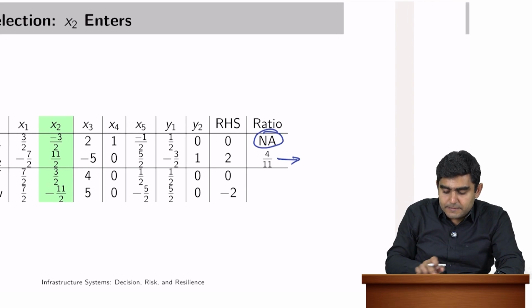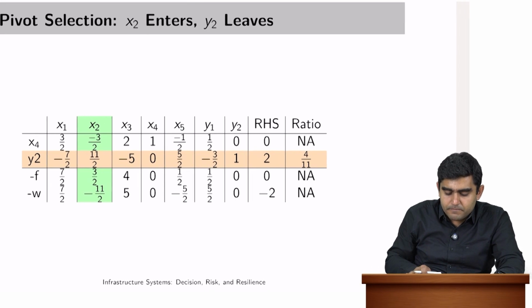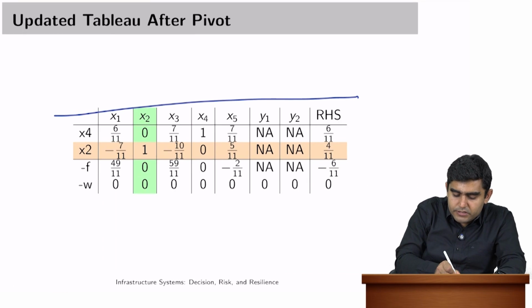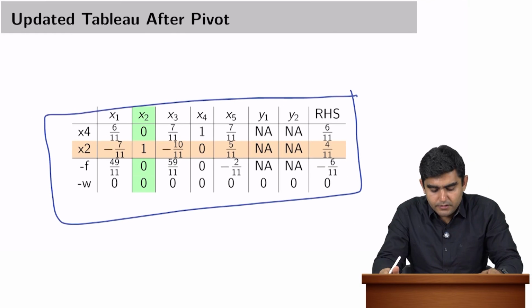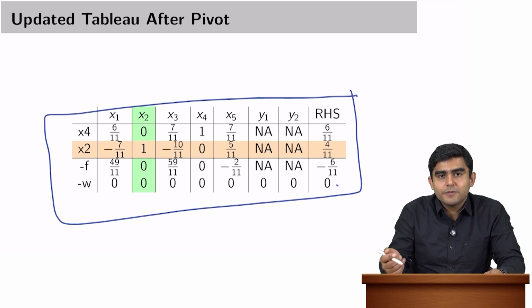As we do this, you would see that in a couple of iterations we will end up with a form which looks something like this. Now, in this updated form, you would see that all the coefficients in the last row happen to be 0.